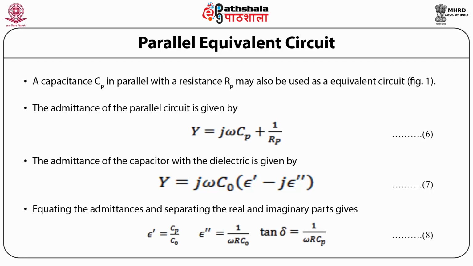Equating the admittances and separating the real and imaginary parts gives epsilon prime equal to Cp by C0, epsilon double prime equal to 1 by omega R C0, and tan delta equal to 1 by omega R Cp.